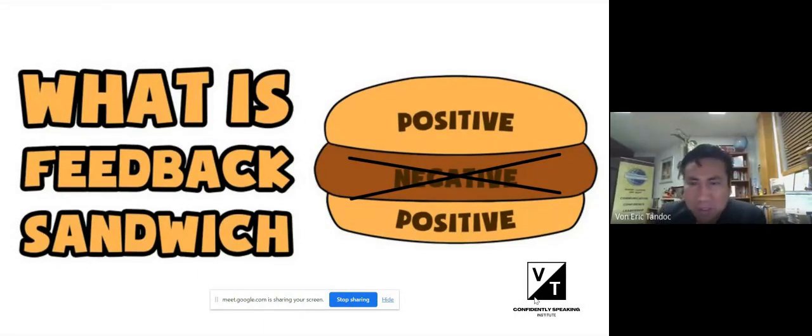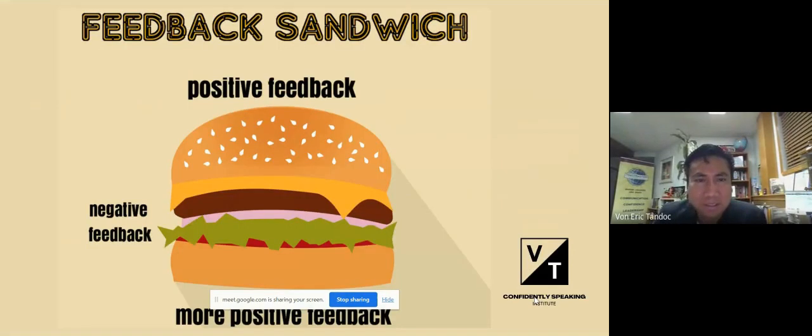Okay, if you notice here, imagine a burger. The top portion of the patty, we call it the crown, right? And imagine the center of the burger, and the last part is the heel.